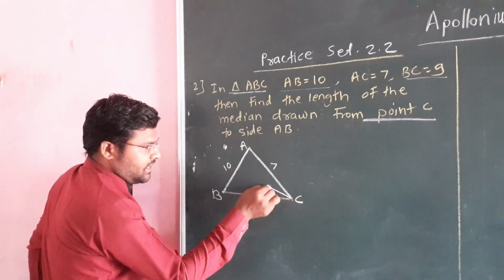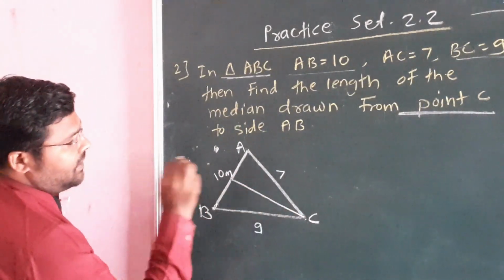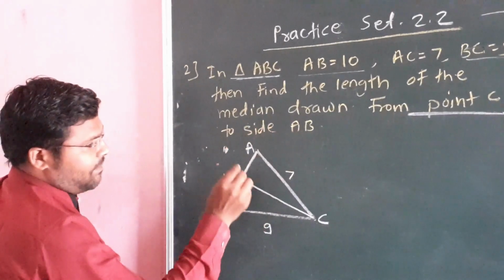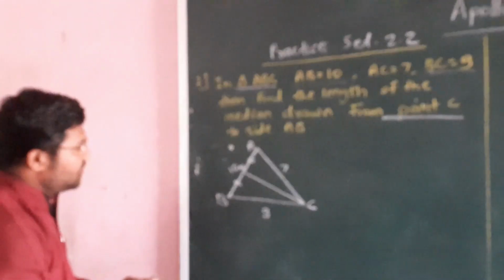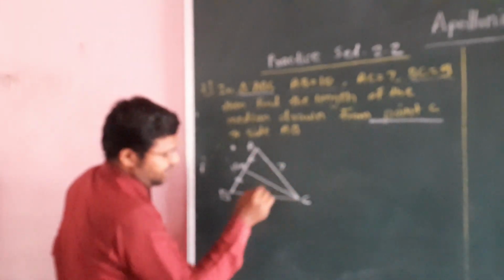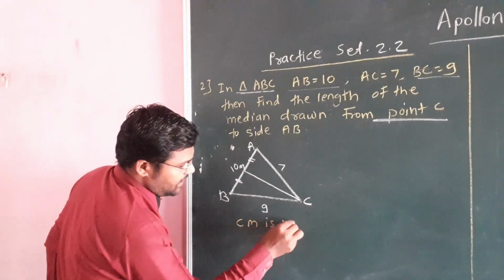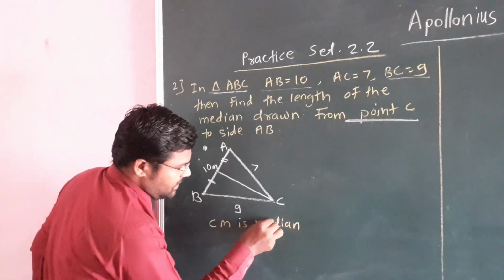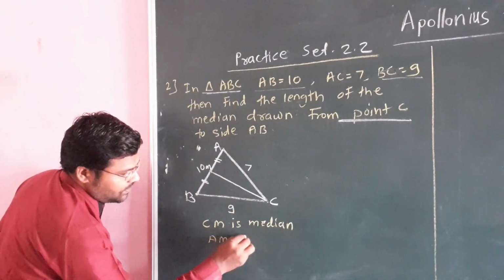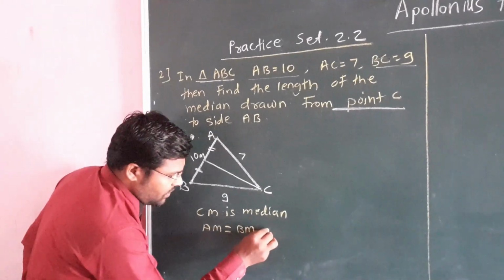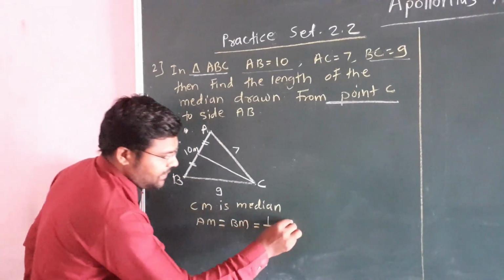So at the midpoint I write here M. CM is the median to side AB. That means AM is equal to BM. So we can write here CM is median, that means AM is equal to BM is equal to half of AB.